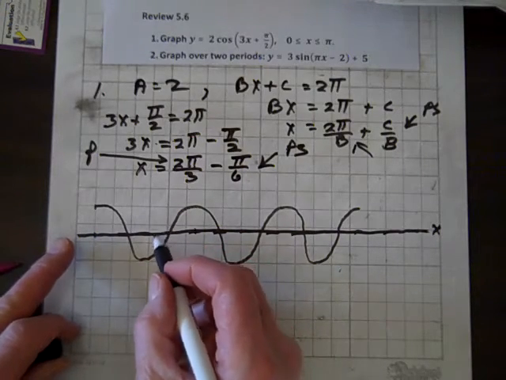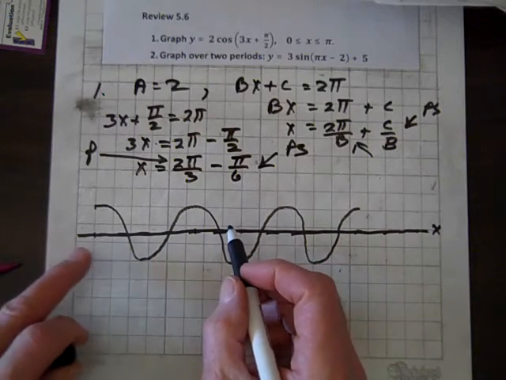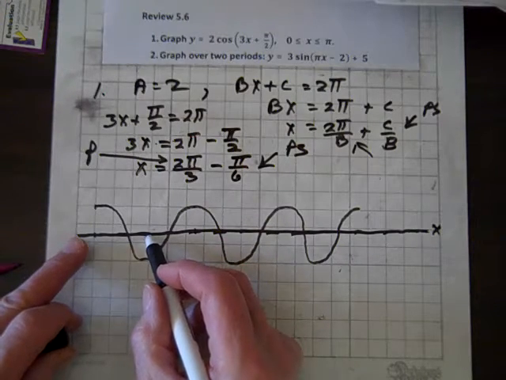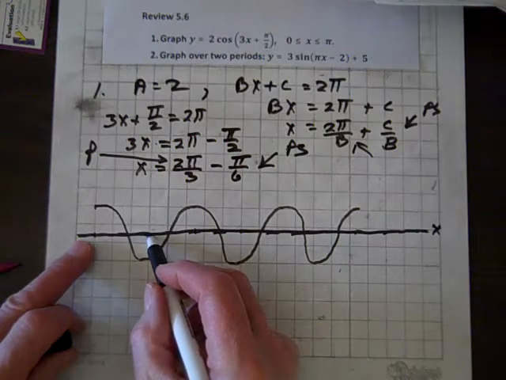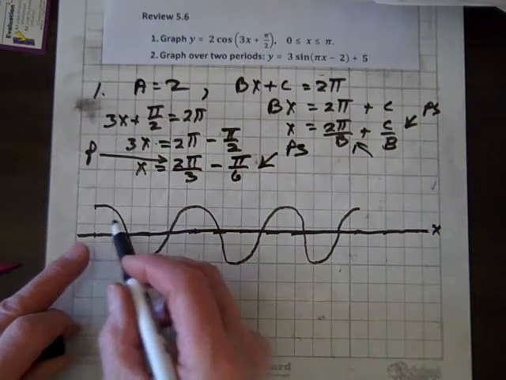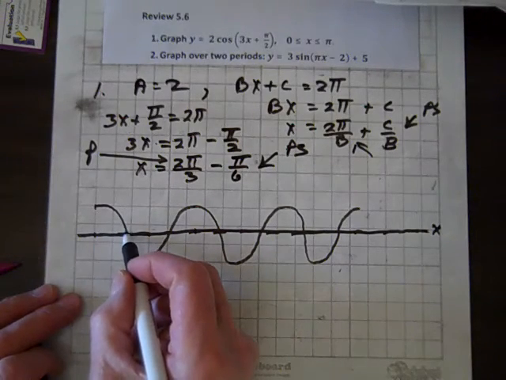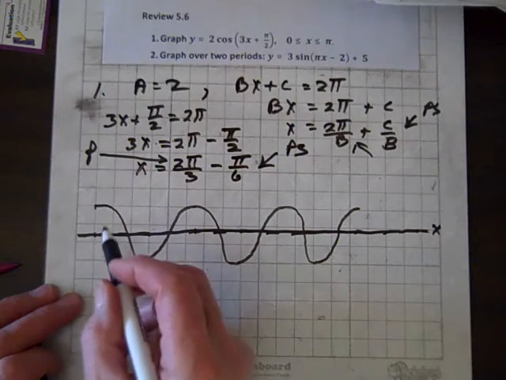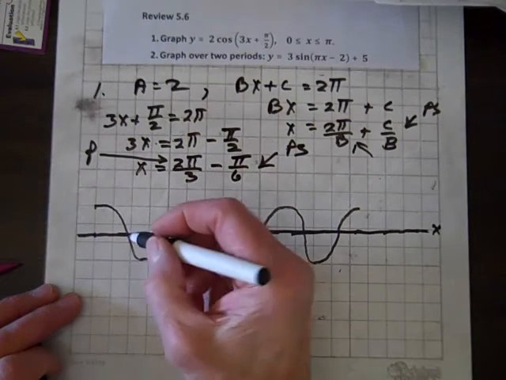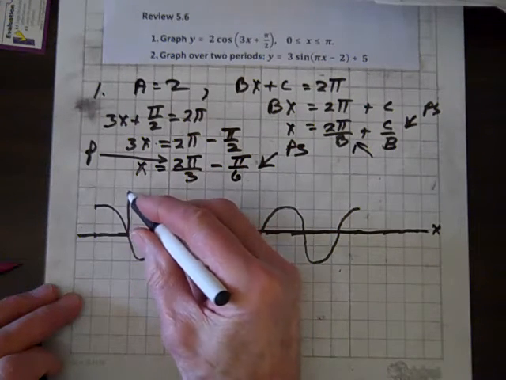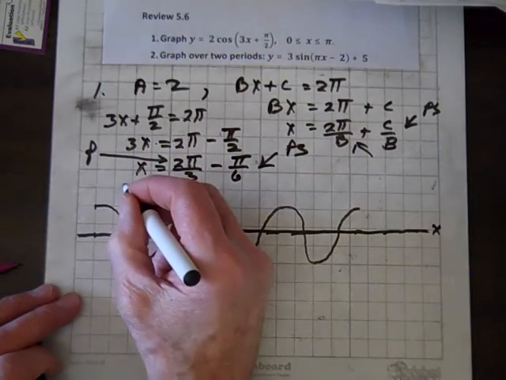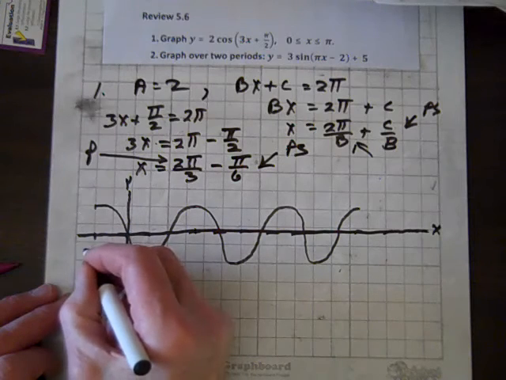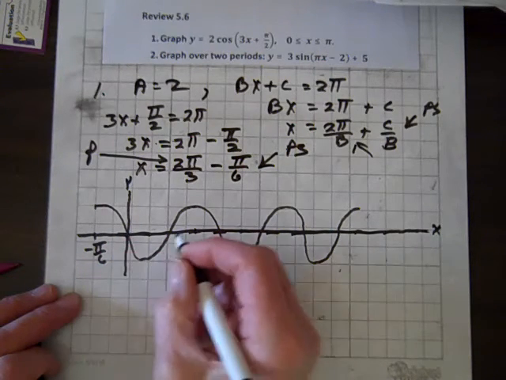Well, if this distance from, say, here to here is 2 pi over 3, this distance from here to here is pi over 3, then half of that is pi over 6, so we're going to shift this graph back pi over 6 units, or instead I'm just going to shift the vertical axis ahead pi over 6 units. And we'll call that y. Now this means this is 0, this is negative pi over 6.